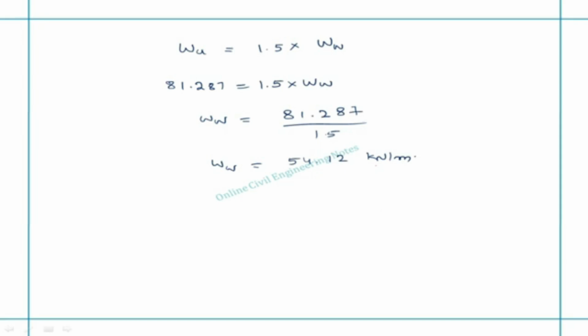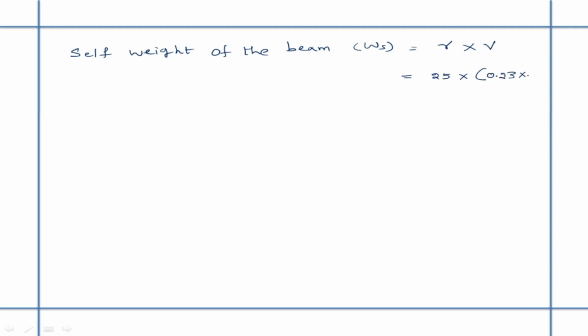If you want to find out the safe working load excluding the self weight, then we have to calculate self weight of the beam. Self weight of the beam, Ws is equal to unit weight of RCC into volume of the beam. We know unit weight of RCC is 25 kilonewton per meter cube into breadth 0.23 into overall depth 0.5 into 1 meter.